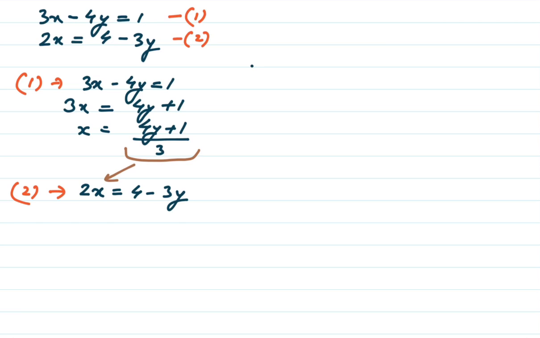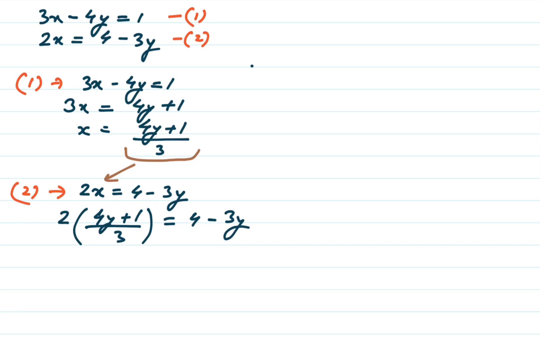Right, so it's going to be 2 times 4y plus 1 over 3 is equal to 4 minus 3 times y, or 3y.